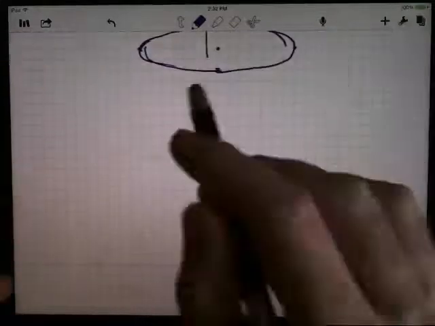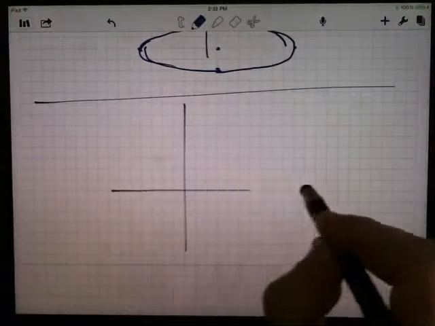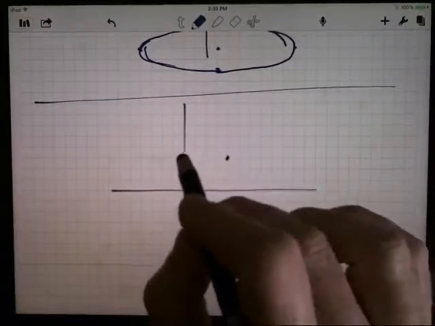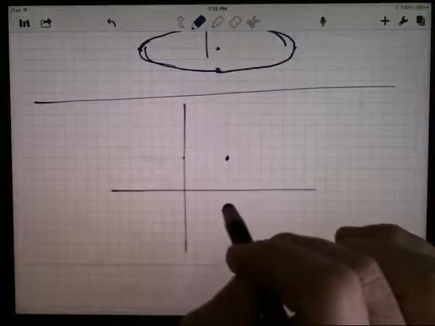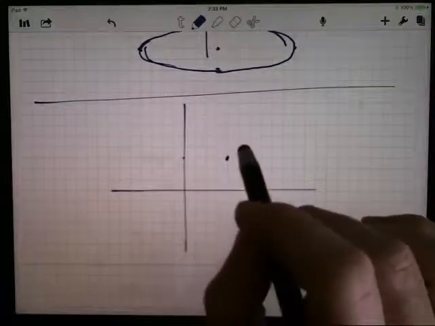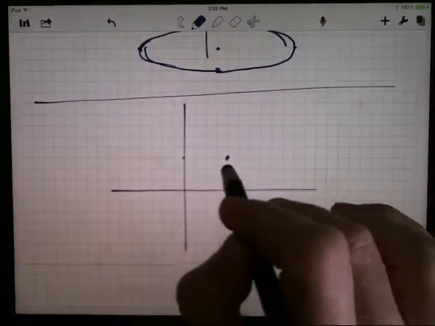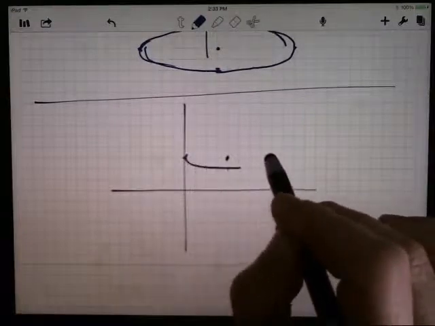Let's suppose I want an ellipse that is centered here at (4, 3). It just barely touches the y-axis here, and let's just make it really skinny. So let's just do this. 1, 2, 3, 4.